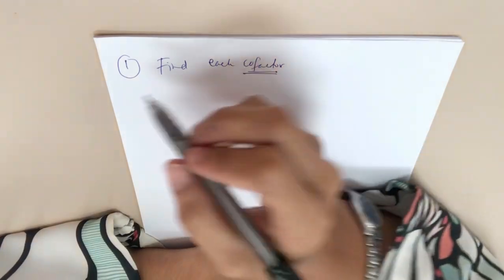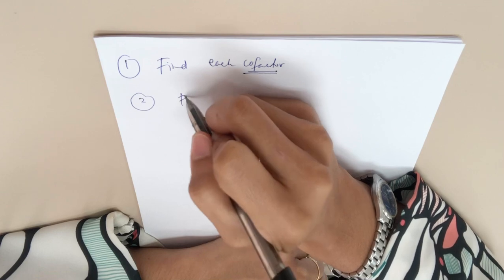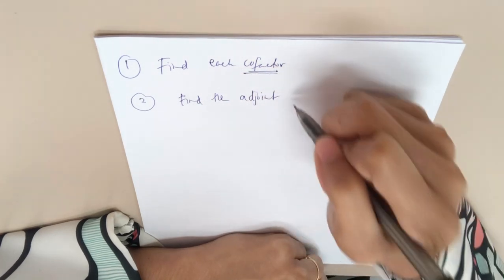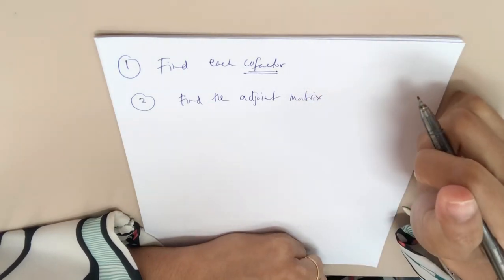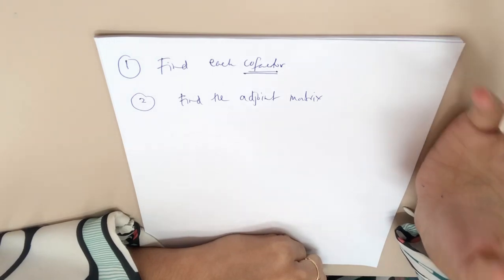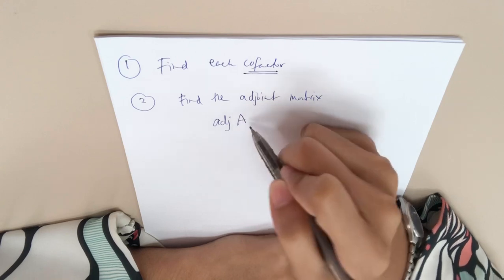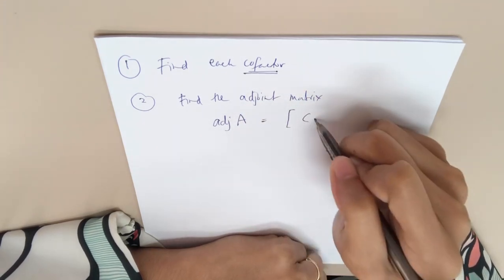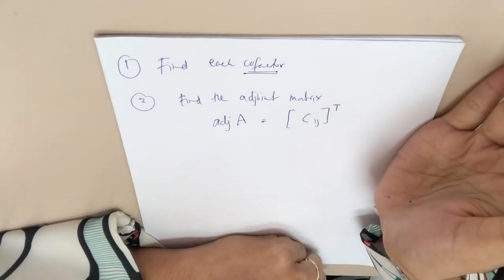After you calculate the cofactors, what we do next is find the adjoint matrix. What is the adjoint matrix? We denote it adjoint A. The adjoint matrix is the transpose of the matrix of cofactors.